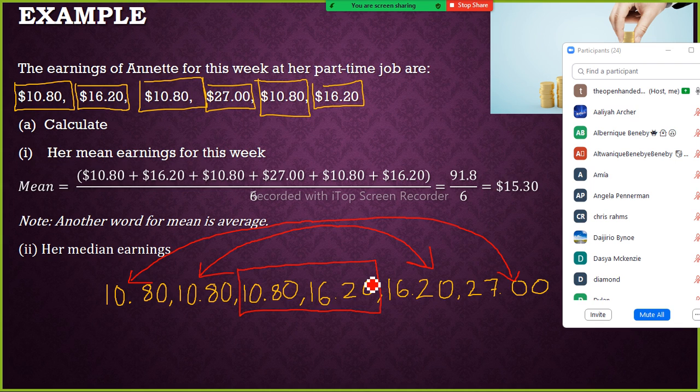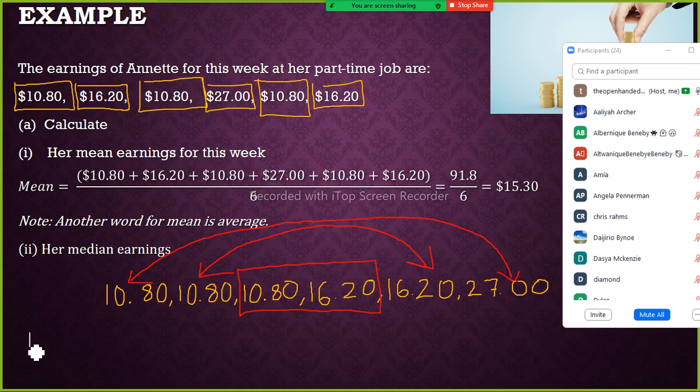So when we have two in the middle, what do we do? Add them and divide by 2. Very good, Rosaria Bennett. If we have two in the middle, we add them and divide by 2.